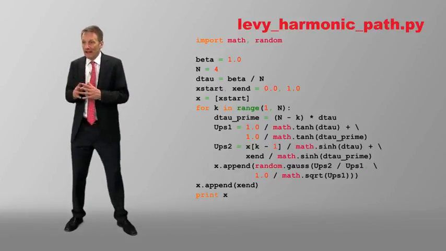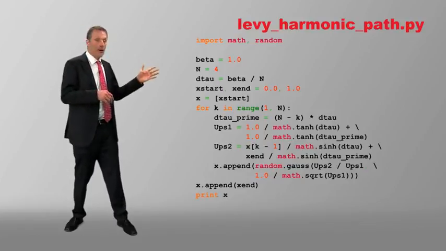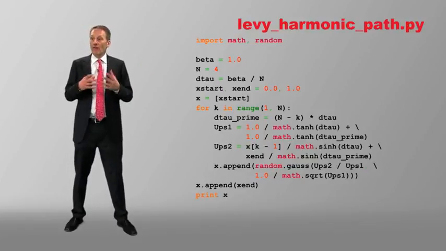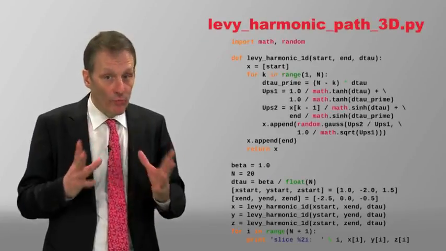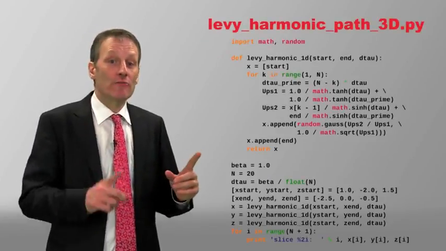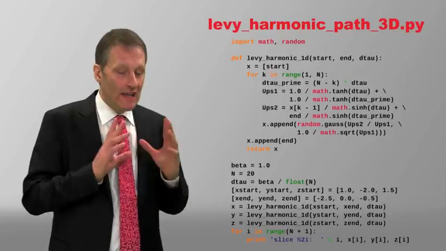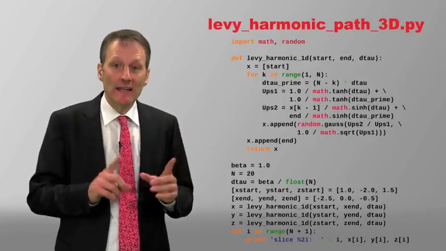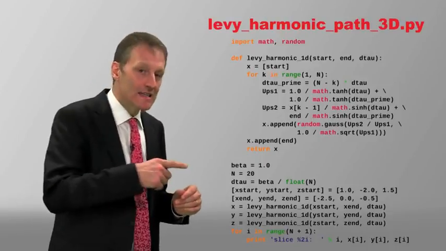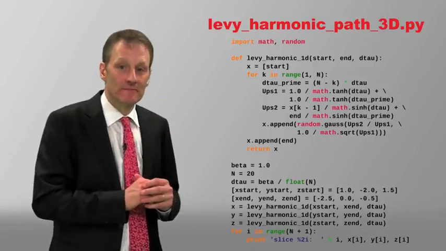You also find on the website a multidimensional version of this program. You have no problem understanding that a three-dimensional quantum path can be sampled by independent Lévy constructions in x, y, and z.